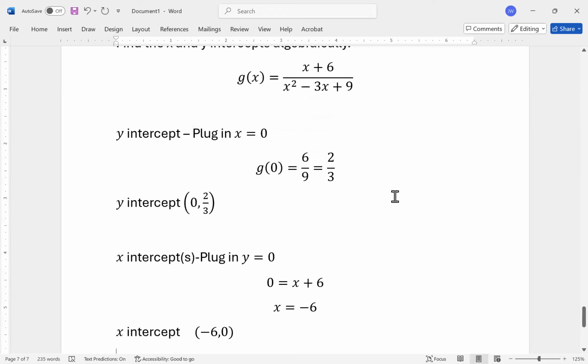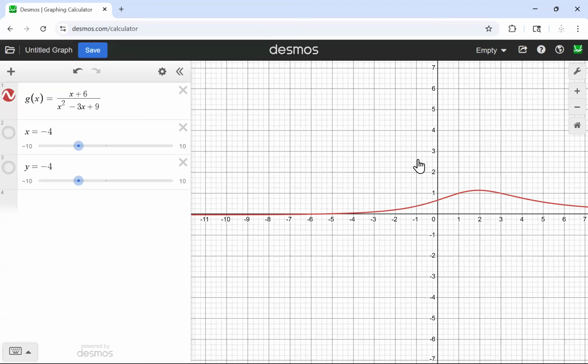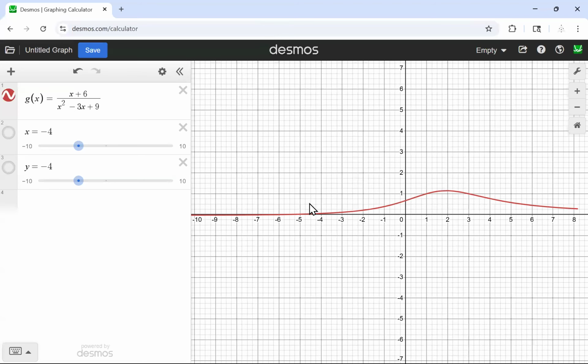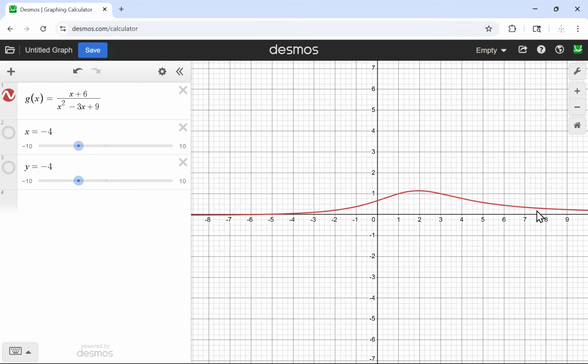Let's confirm that by graphing g of x. So here was that graph. We had the hump right here, and you can clearly see that we cross the y-axis at (0, 2/3).